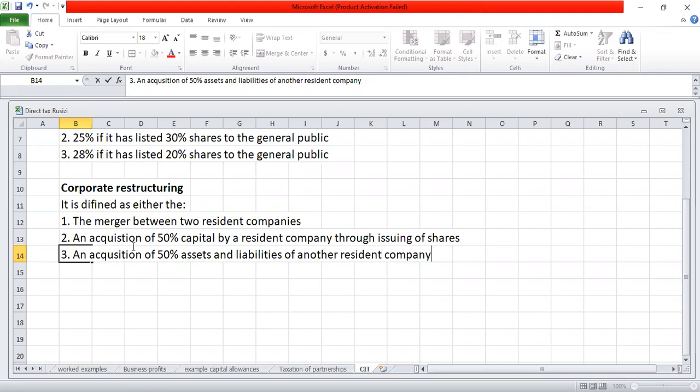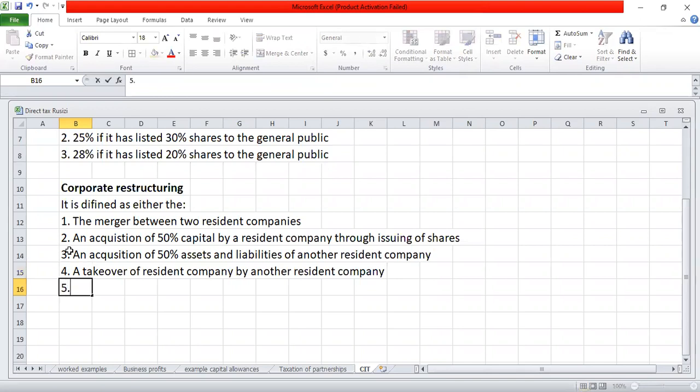Then another one, a takeover of a resident company by another resident company. If there is a takeover of a resident company by another resident company, then that one is also going to be considered a corporate restructuring.